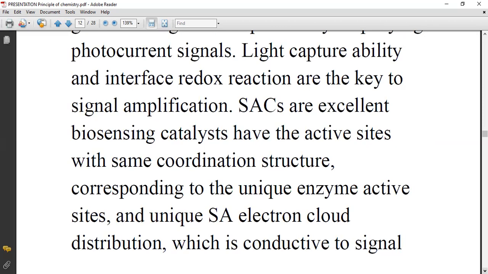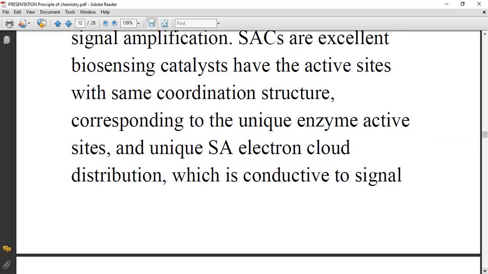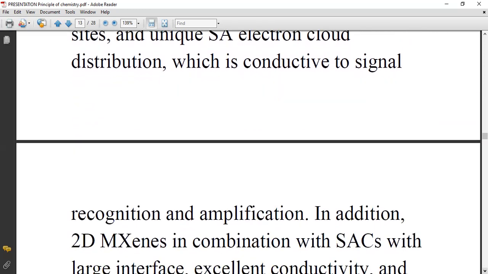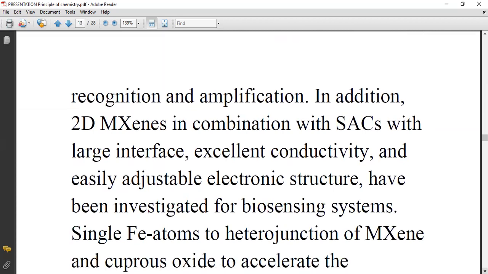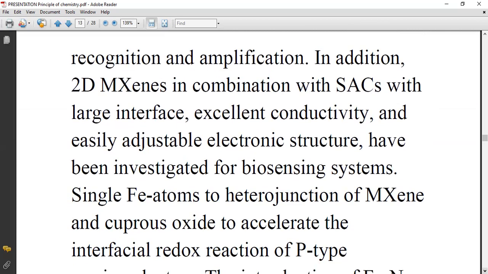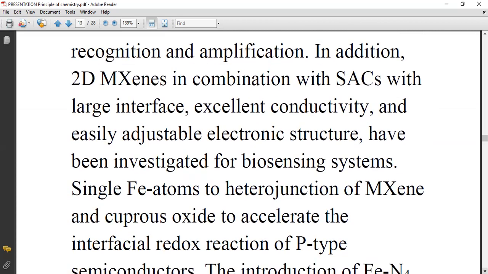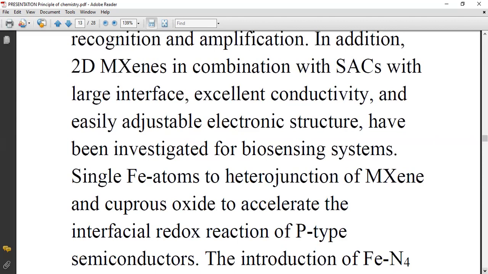SACs are excellent biosensing catalysts. They have active sites with the same coordination structure corresponding to the unique enzyme active sites and a unique electron cloud distribution, which is conducive to signal recognition and amplification. In addition, two-dimensional MXene in combination with SACs, with a large interface, excellent conductivity, and easily adjustable electronic structure, has been investigated for biosensing systems.